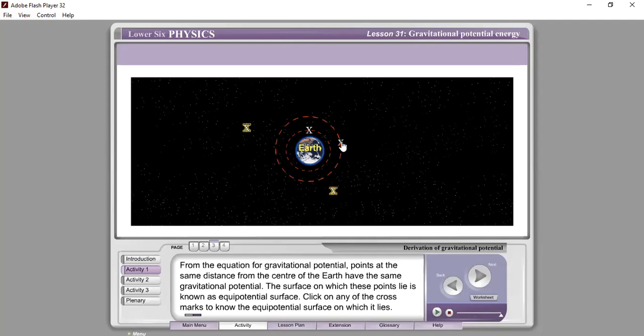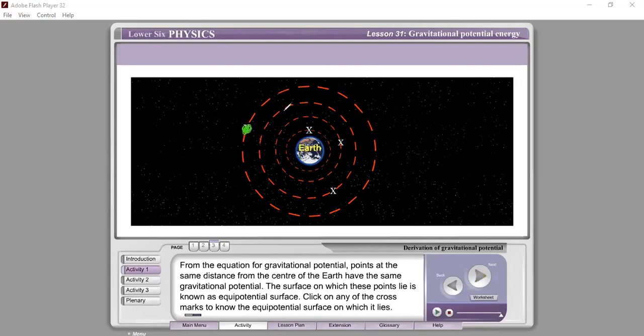Let's say we have four different positions. If I use the green color, all the green ones, no matter where they are, will have the same potential. All the blue ones have the same gravitational potential.